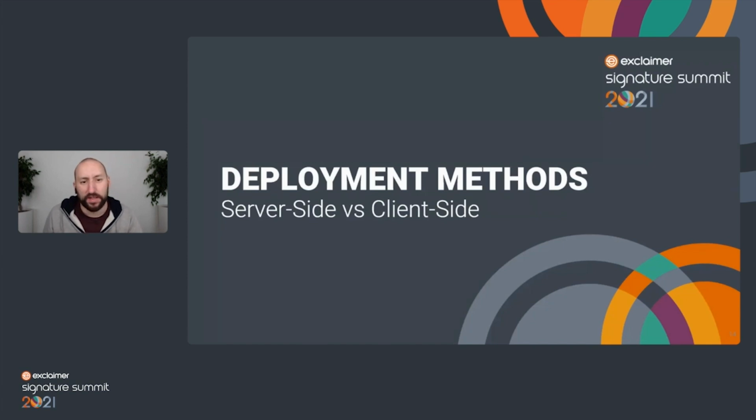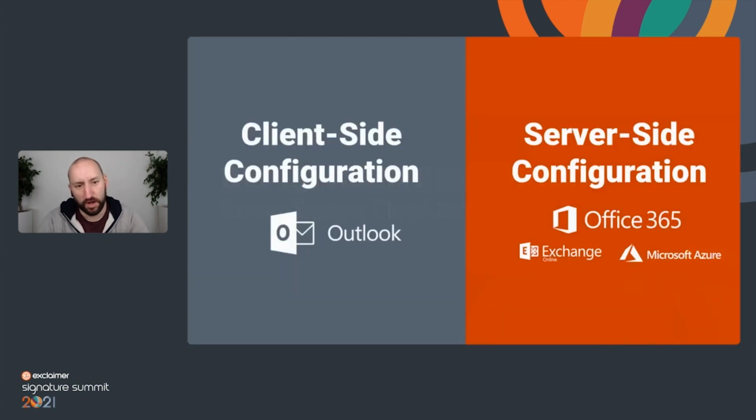With Exclaimer Cloud, there are two different styles of approach that are available to you. And many customers do actually use both in tandem. You'll have the opportunity to choose which deployment methods you look to set up when you become a user.